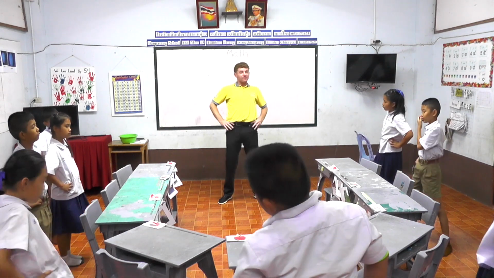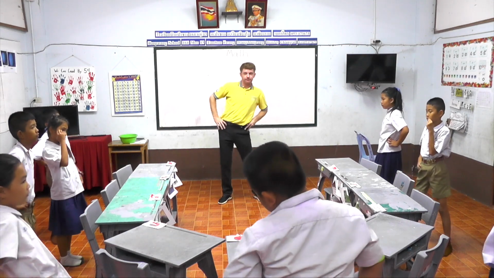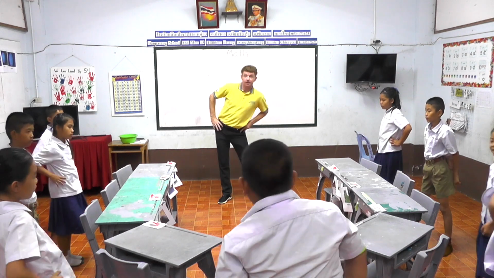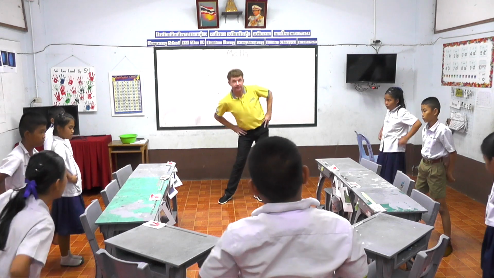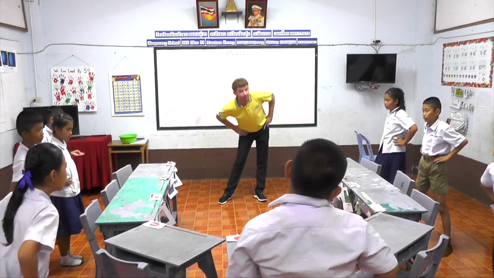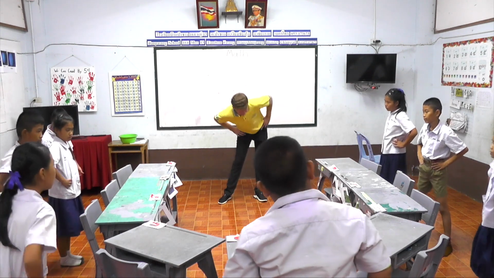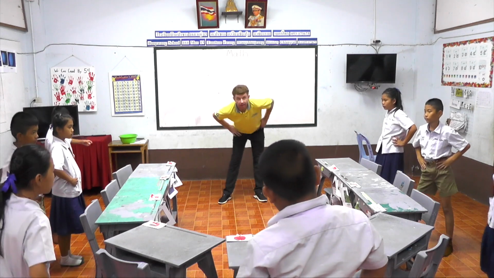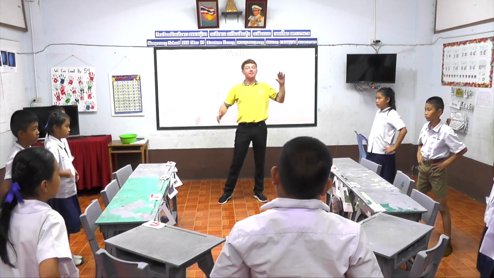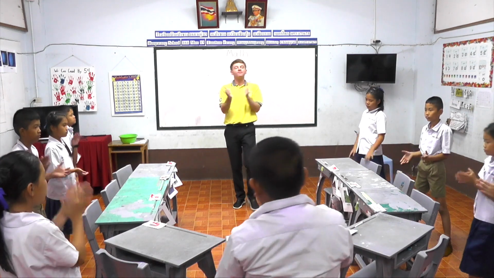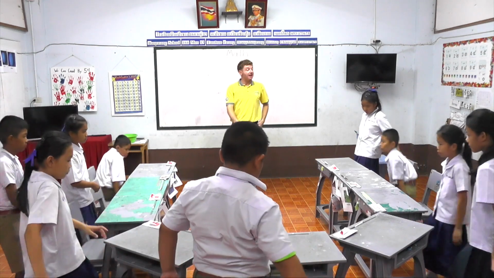Let's give our spines a nice stretch. And stop. And now, we can go back the other way. Round and round the other way. And stop. And to finish, we'll do 5 claps. 1, 2, 3, 4, 5. Excellent, guys. Have a seat.